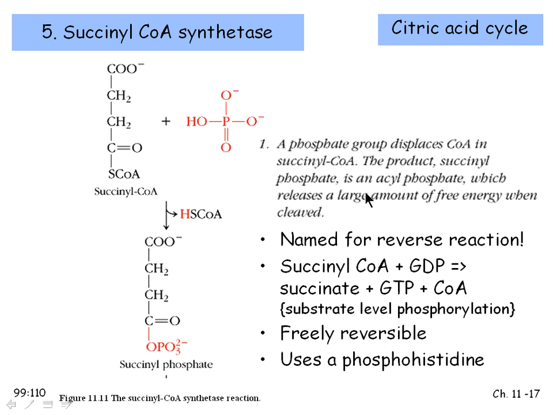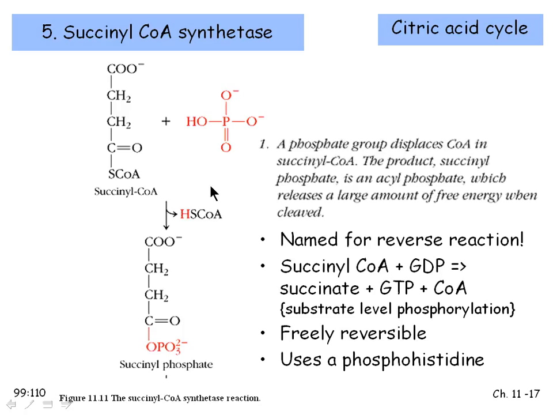Okay. So we've made a succinyl-CoA. Succinyl-CoA, like acetyl-CoA, like CoA compounds in general, has a high-energy bond attached to the CoA molecule. And the next enzyme in the cycle is called succinyl-CoA synthetase. It's named for the backwards reaction.